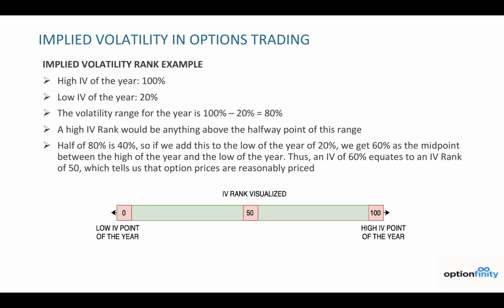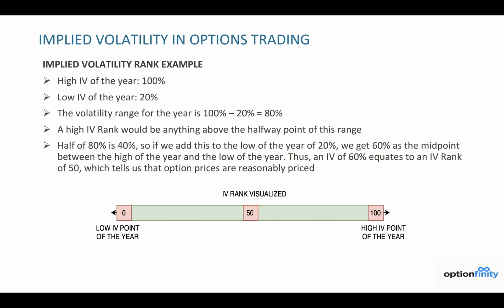However, let's say, for example, that in the case of Twitter, you have an IV rank of 100, wherein the option prices are the priciest they've been over the past year. And this could be, again, due to a binary event or some anomalous event like a takeover attempt, for example, right?